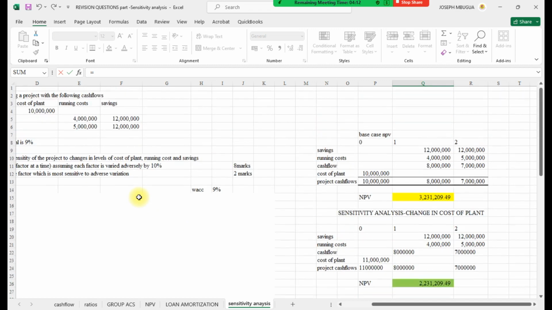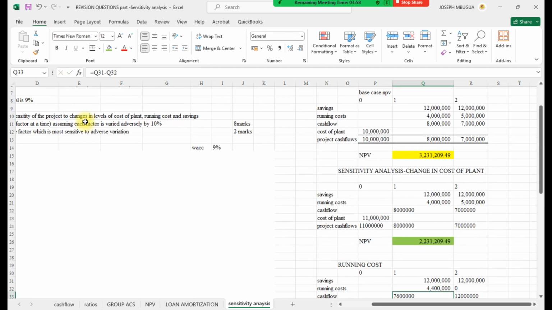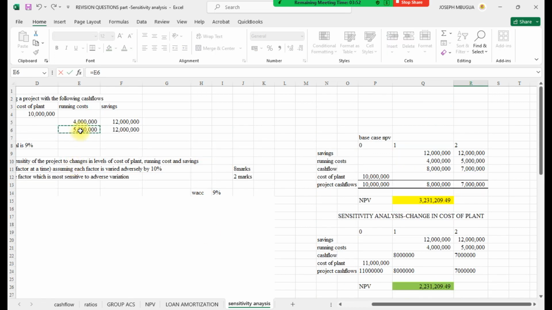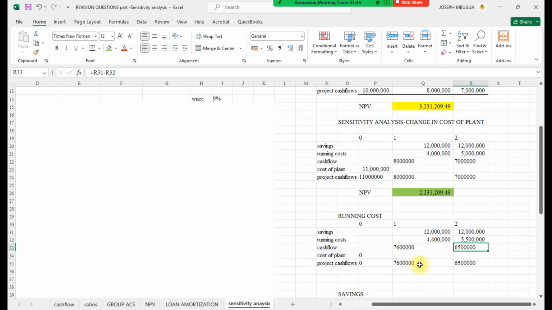It is a cost which we shall change adversely by 10%, meaning year 1 we shall take that by 110. It will increase by 110%, and even for year 2 it will increase by 110%, and you'll see that our cash flow will reduce.